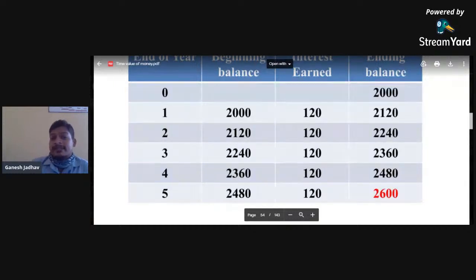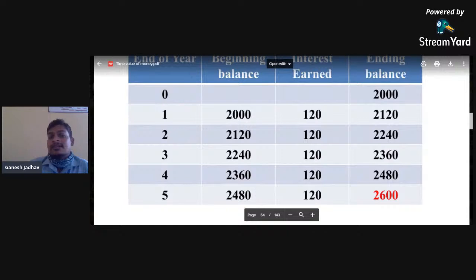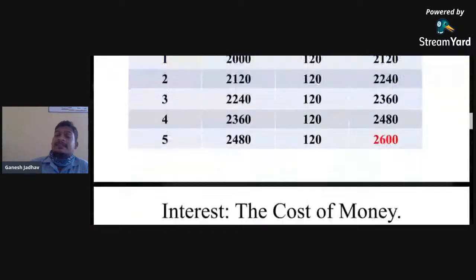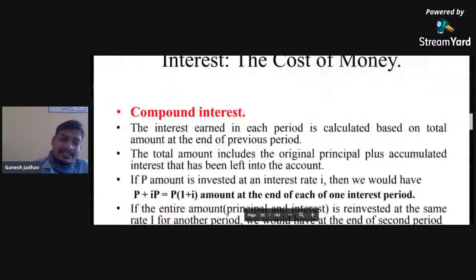At 6%, the interest earned at the end of each year is constant, but in compound interest it will be different.